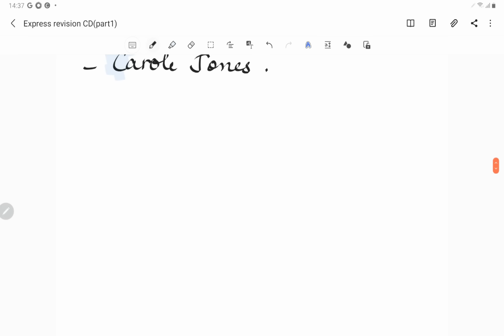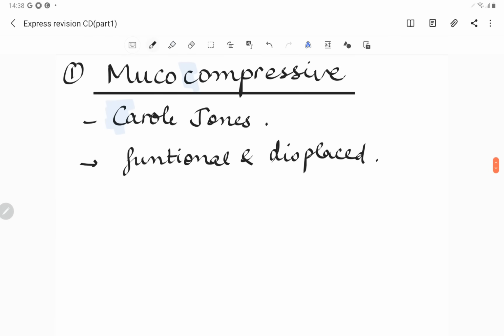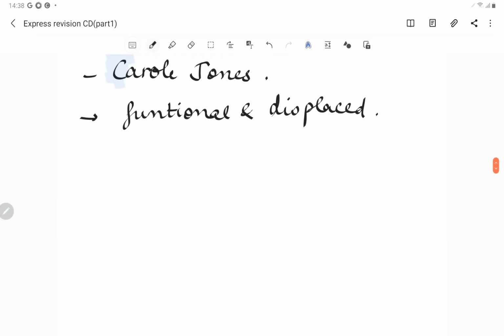So it is in the form of functional and displaced form, because since we are applying pressure, the mucosa or the soft tissues are displaced in this.